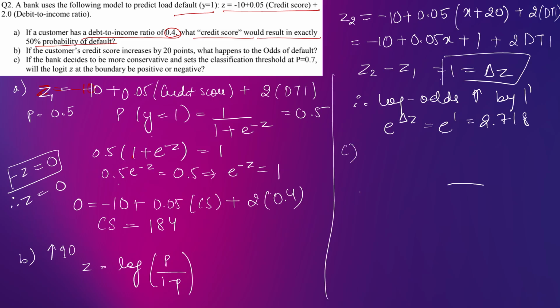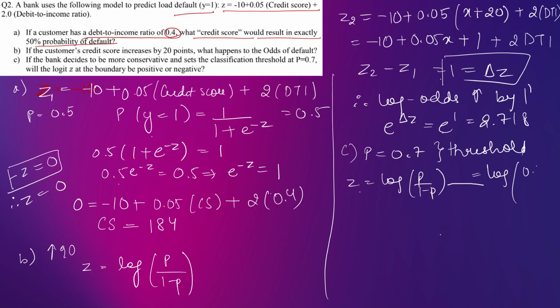C part. If a bank decides to be more conservative and sets the threshold P as 0.7, what will happen to logit z at the boundary, will it be positive or negative? So P is equal to 0.7. This is your threshold. We know the formula z is equal to log of P upon 1 minus P. You are given P here, so your log of 0.7 upon 0.3.